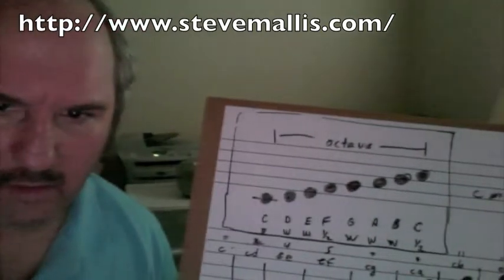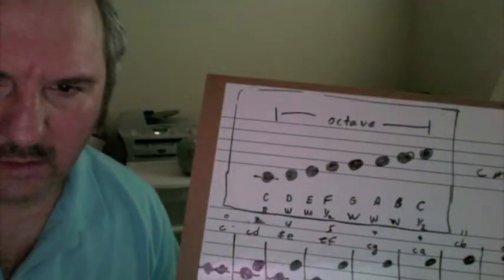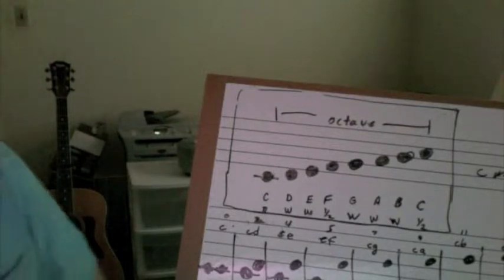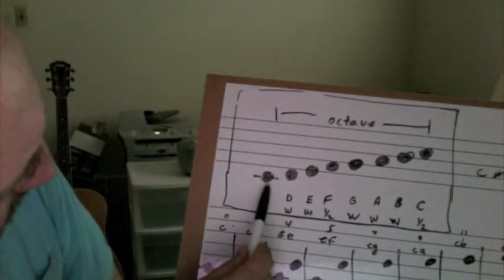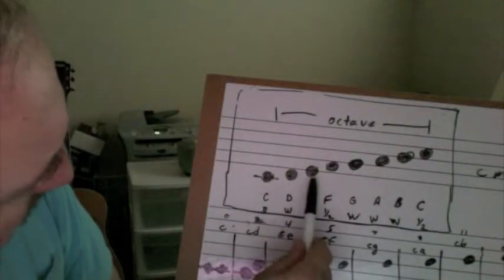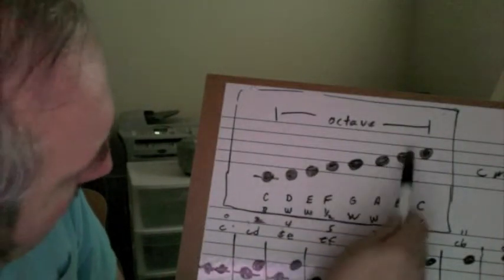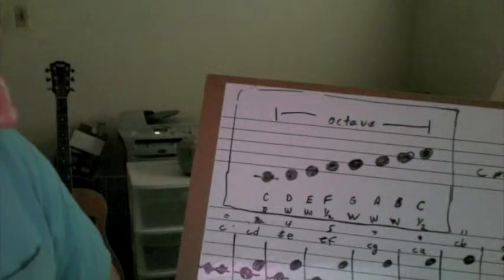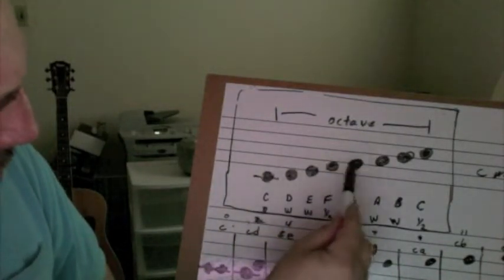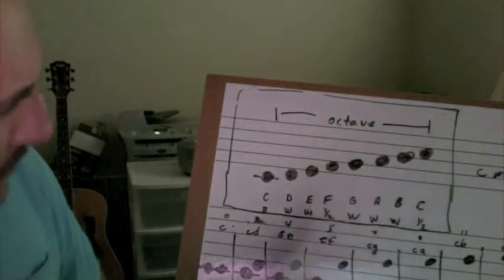So let's see here. We're just going to get this in focus. And we're just going to look at our C major scale. This is a C. These are all naturals. C, D, E, F, G, A, B, C. And the pattern is root, whole, whole, half, whole, whole, whole, half.